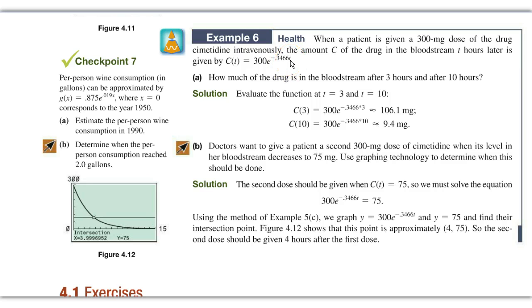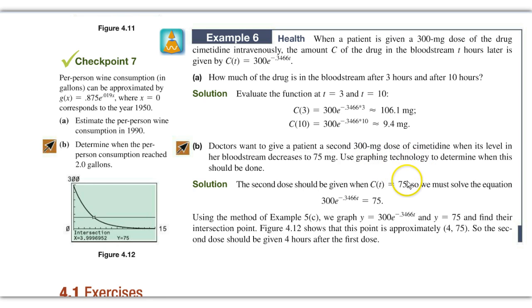So again, we're putting this into our calculator, and T is 3. We'll get this. After 10 hours, it would be this. Now, the doctor wants to give a patient a second 300 milligram dose when the level in her bloodstream decreases to this. So how long would that be?